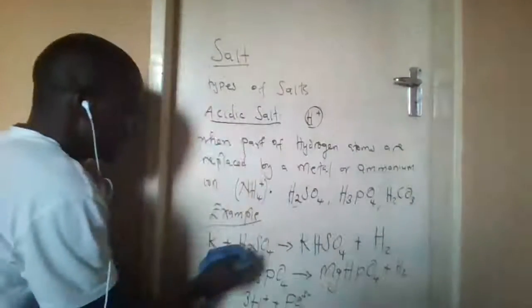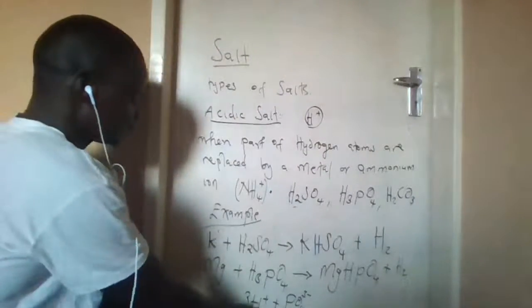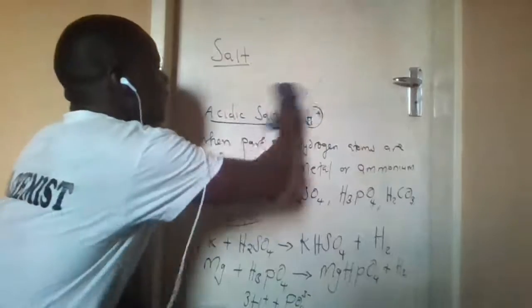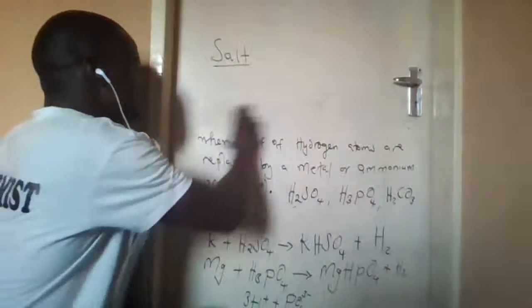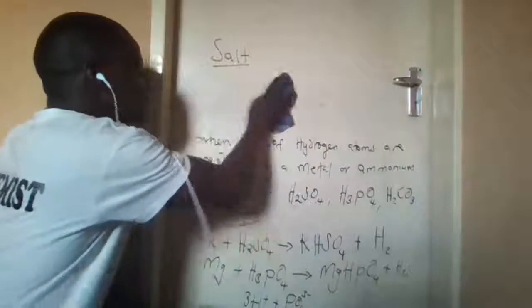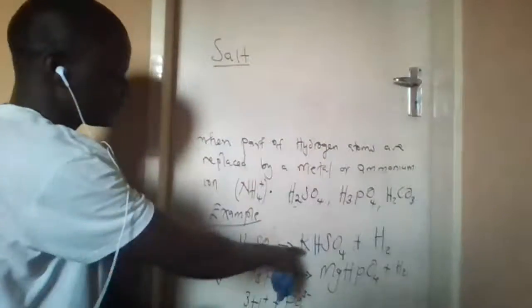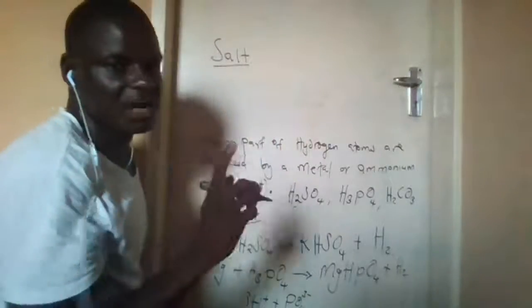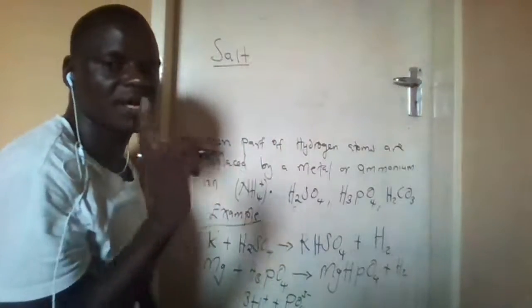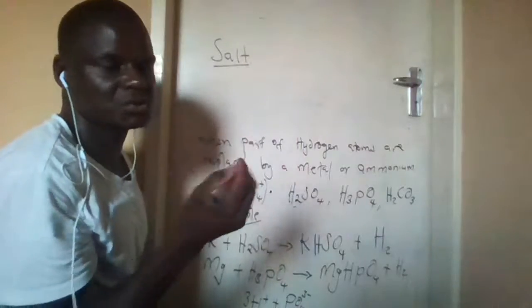But what I'm trying to say is this, let me write it on top. What I'm saying is, if the metal used in the formation of an acidic salt using phosphoric acid as the acid has a valence of 1, meaning it's going to displace only 1 hydrogen, having 2 remaining.